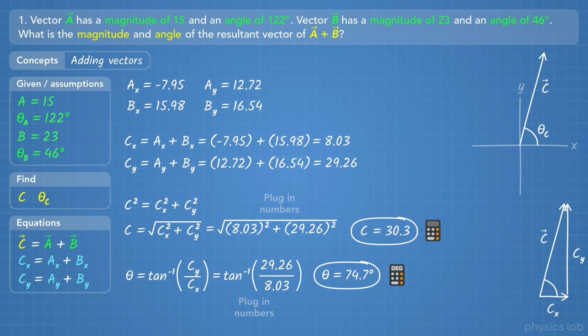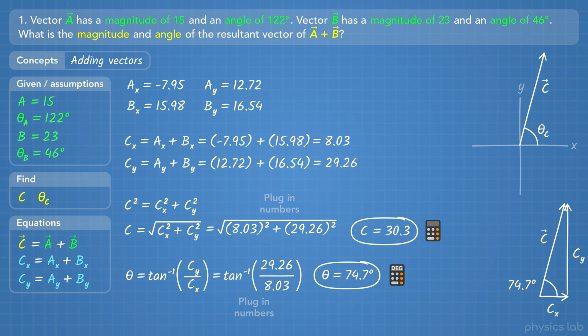The angle we found is the reference angle between vector C and its x component, which is how the tangent function works. Cy is the opposite side and Cx is the adjacent side to this angle. But if the problem is asking us for a single value for the angle of vector C, we probably want to find its angle counterclockwise from the positive x-axis.